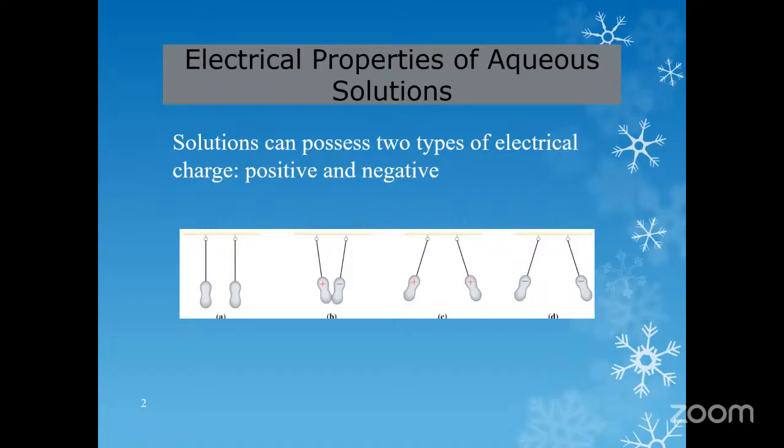However, if one is positively charged and the other is negatively charged, then of course there will be an attraction between them. Unlike charges attract each other. Where both particles have the same charge, there will be repulsive forces between them. That's basically how charges behave.